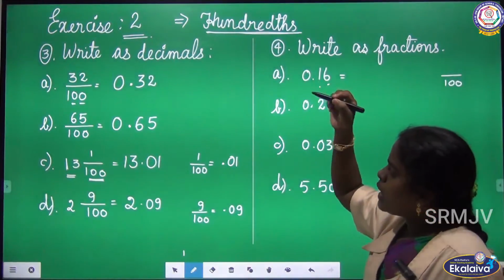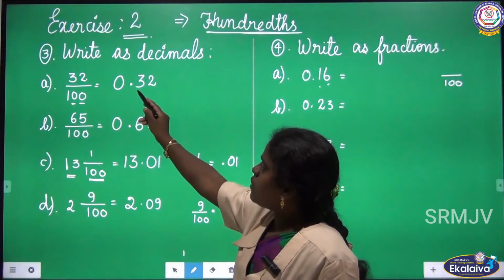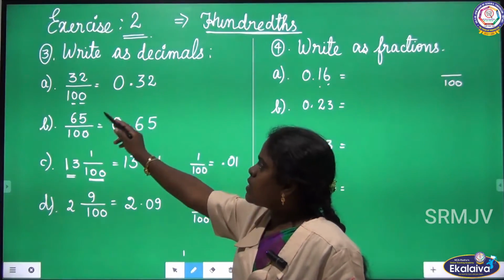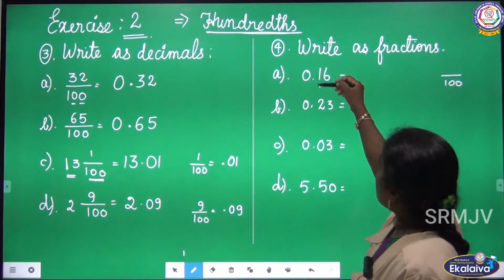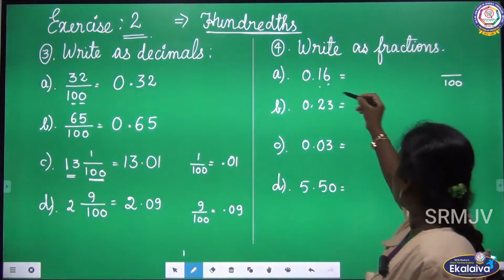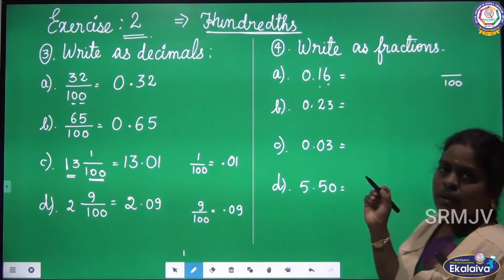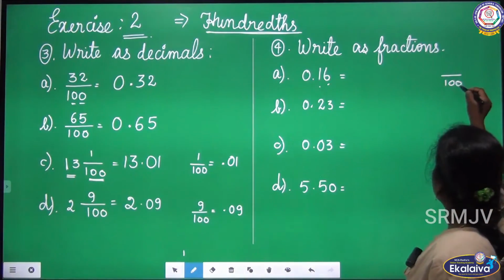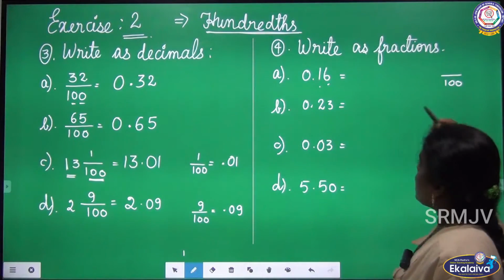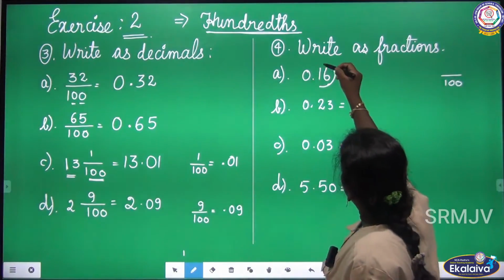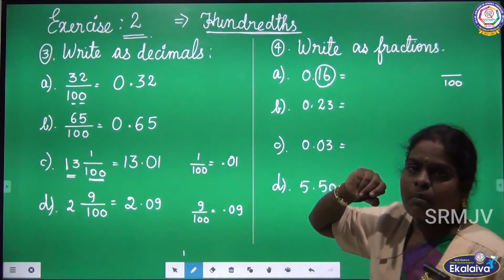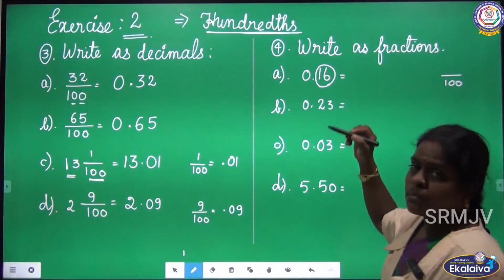In the first Roman letter, we placed a dot before 2 digits because the denominator is 100. So if we have two decimal places in the given number, the denominator will be 100. You have to write two zeros. So the denominator is 100. In the numerator part, you have to write the given number which is in the decimal part.